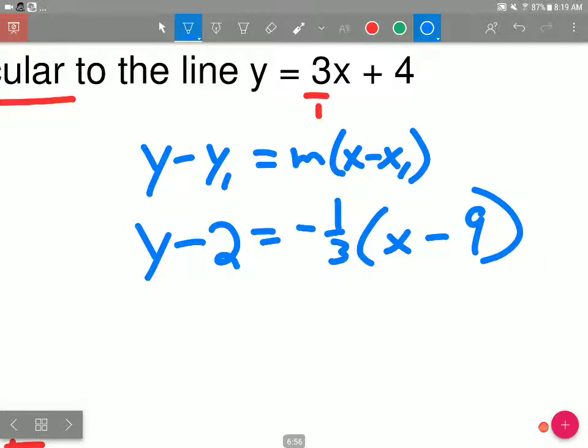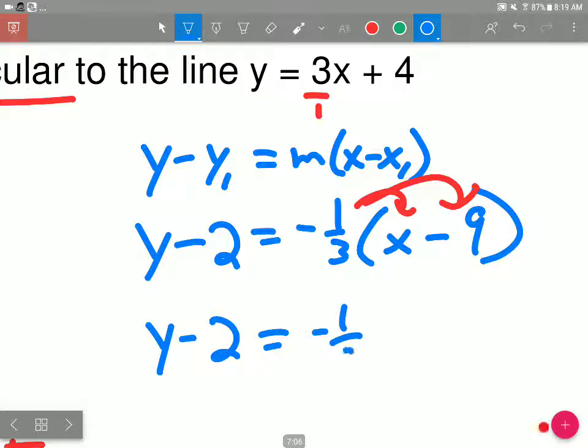All right, so that's y minus 2 equals, don't forget, we have to distribute that across the parentheses. So that's just a negative 1/3 x. And then negative 1/3 times 9, remember, top multiplies, bottom divides. 1 times 9 is 9. 9 divided by 3 is 3. And 2 negatives make a positive. So that's a positive 3.